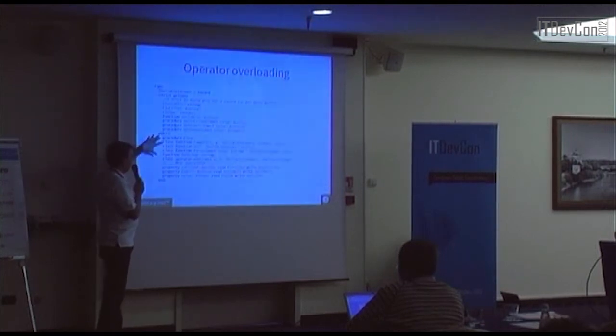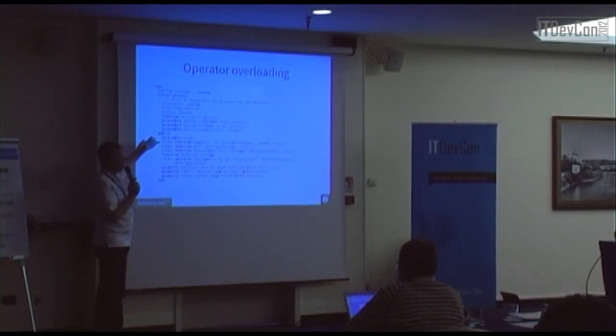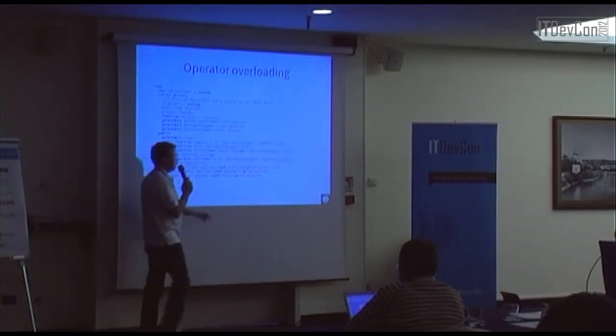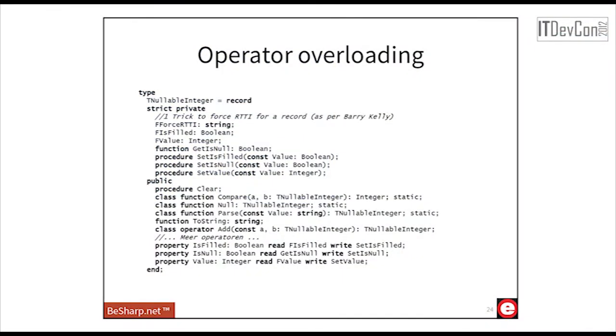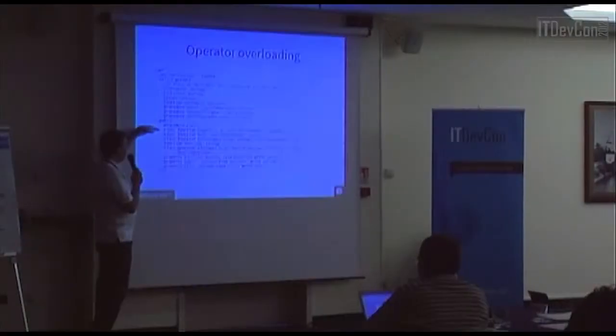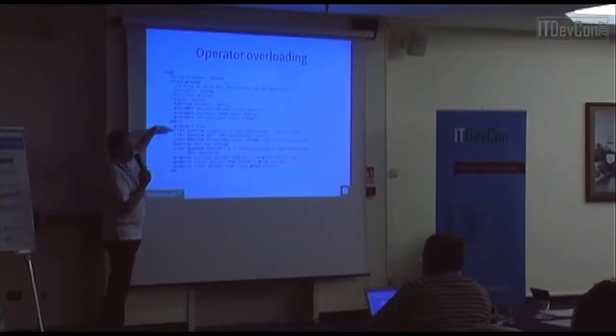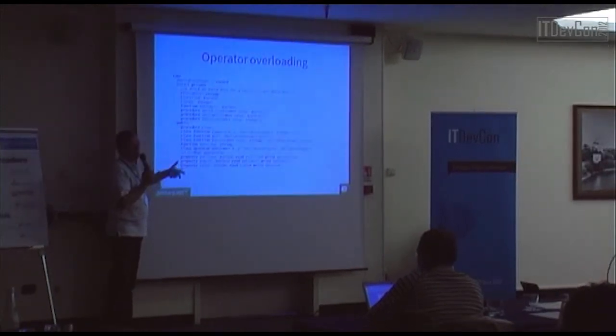And then a class function compare that I use with comparison operators just returns 0 when it's equal, smaller than 0 when A is smaller than B, and larger than 0 when B is larger than A. And it allows me to have the comparison logic in one function, and then the operators are just small wrappers around this function call.